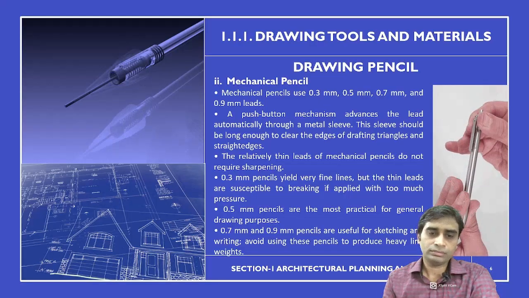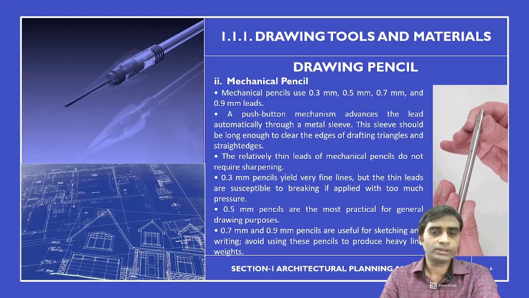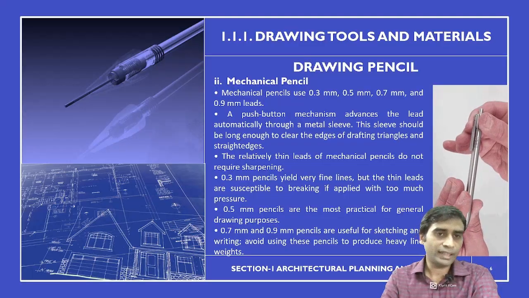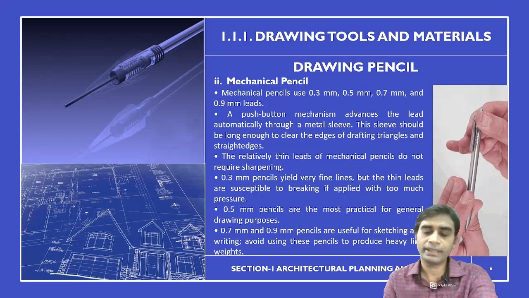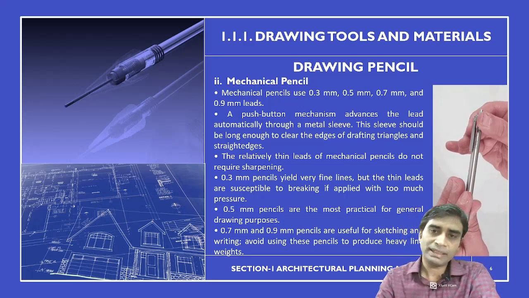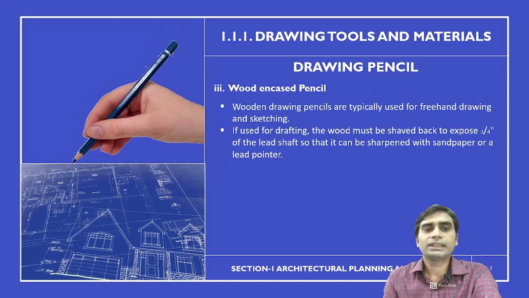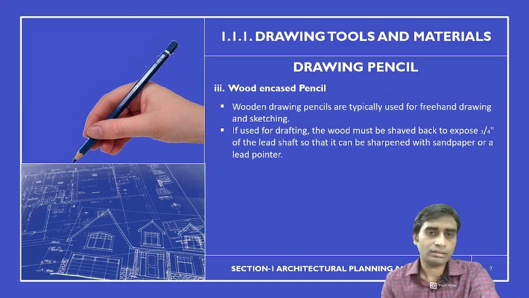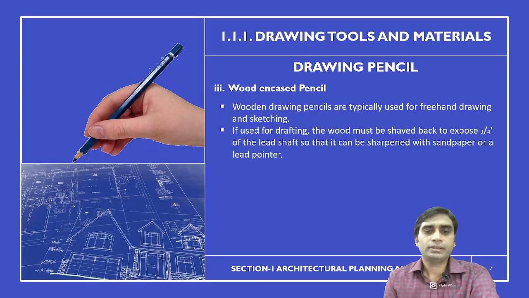These pencils should be avoided for producing heavy line weights because the lead breaks, and it may also damage the mechanical pencil. Third is the general pencil we use, the wood encased pencil.